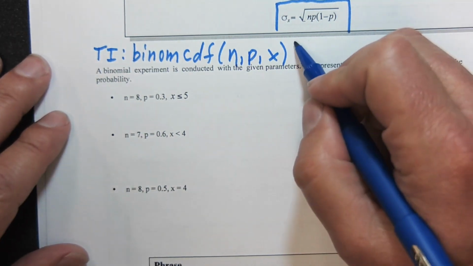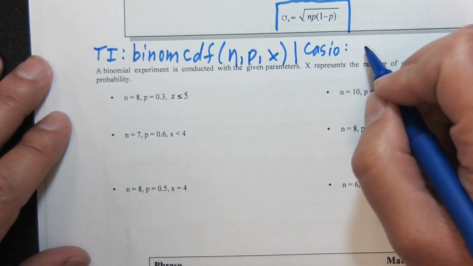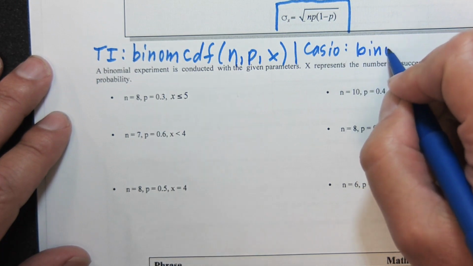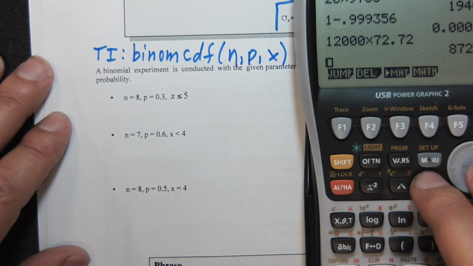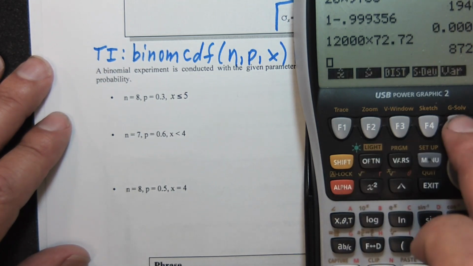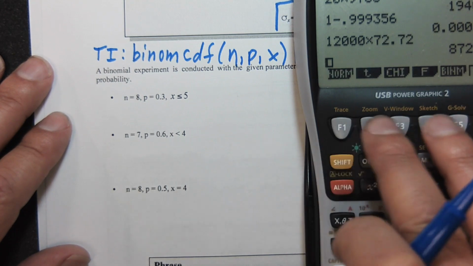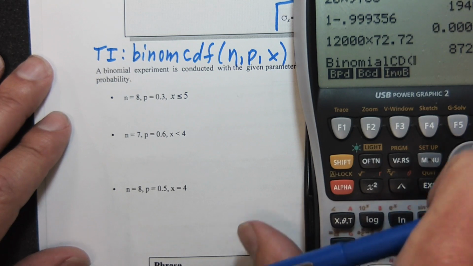For a Casio, I'll show you where that is. So if you go to Options, Stat, Distribution, and here's your binomial distribution. And you can see binomial CD.